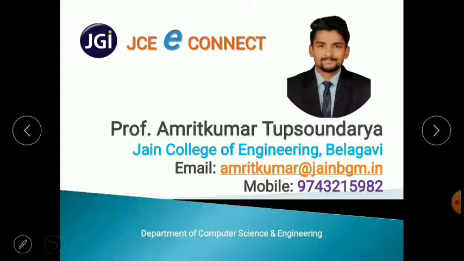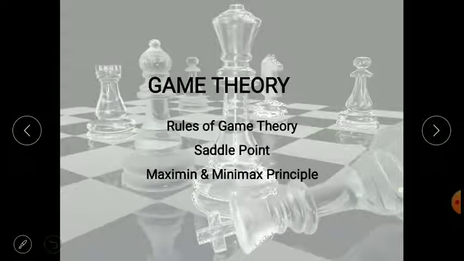That is, what is a zero sum game, two-person zero sum game, and so on. Right. So in today's lecture, we'll be covering what the different rules of game theory are, what a saddle point is, and what the maximin and minimax principle is.